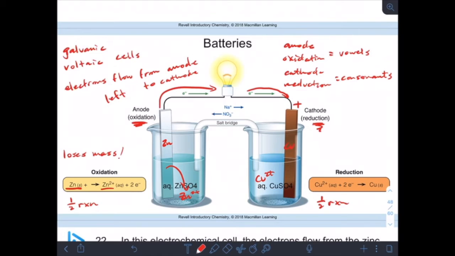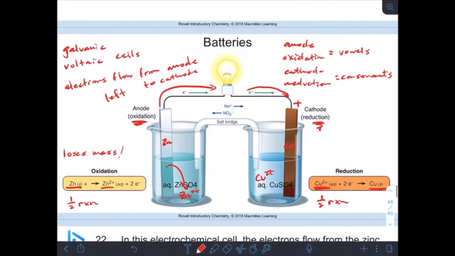Every time some electrons go through that wire, some of that zinc is oxidized from solid to ions. On the right-hand side, however, as electrons come in, in that reduction half reaction, we have copper 2+ ions becoming copper solid.